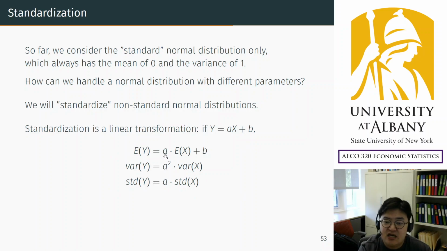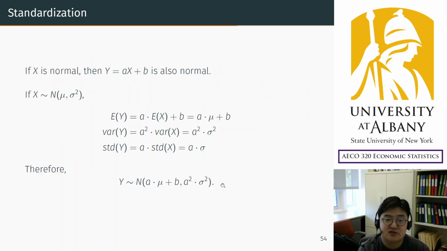So the mean is linear: if y is a linear transformation of x, then the mean of y is also linear, and the variance is weird, but the standard deviation is multiplied, but is not affected by addition. Okay, so what's interesting here is the mean is nice and the standard deviation is not affected by addition. So combining these two properties, we get a very nice simple result.